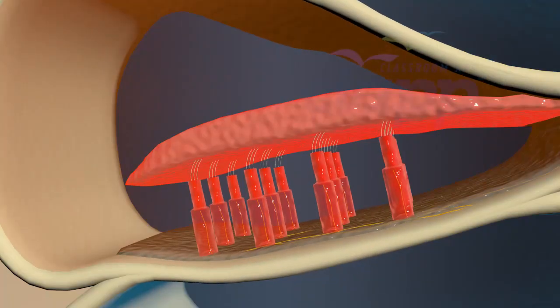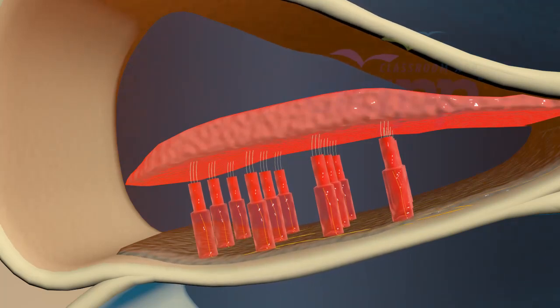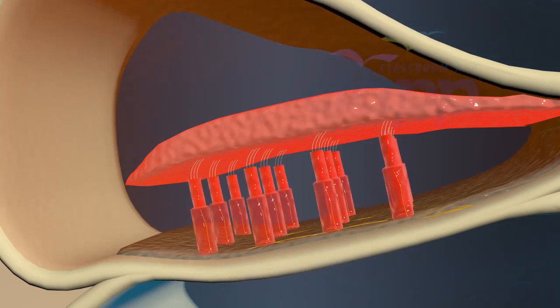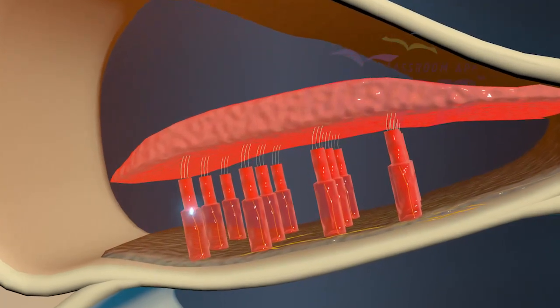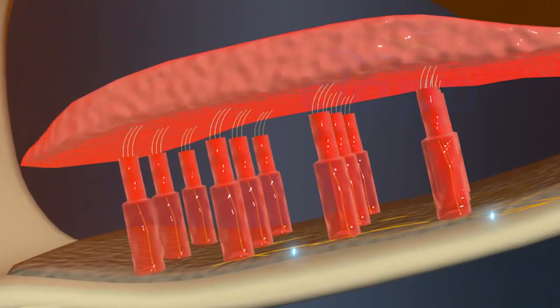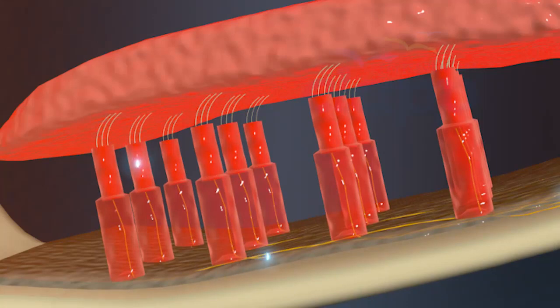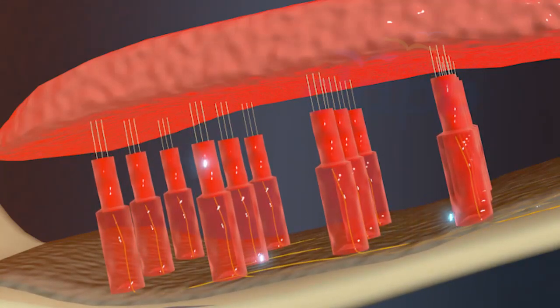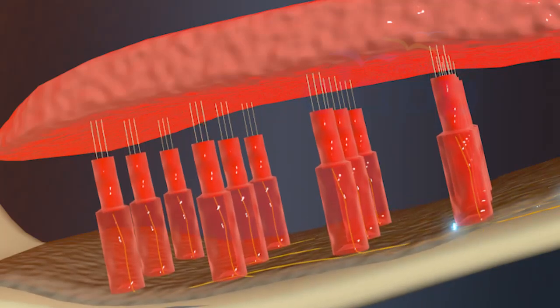The movement of the endolymph causes the basilar membrane to move, and this causes the movement of hair cells in the basilar membrane. The stereocilia, which are situated on top of the hair cells, are bent against the tectorial membrane, and this generates electrical signals corresponding to those vibrations.